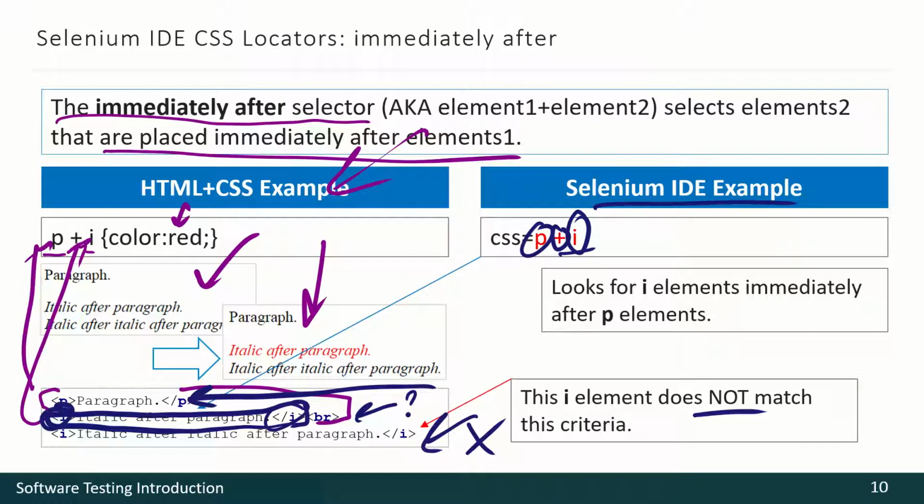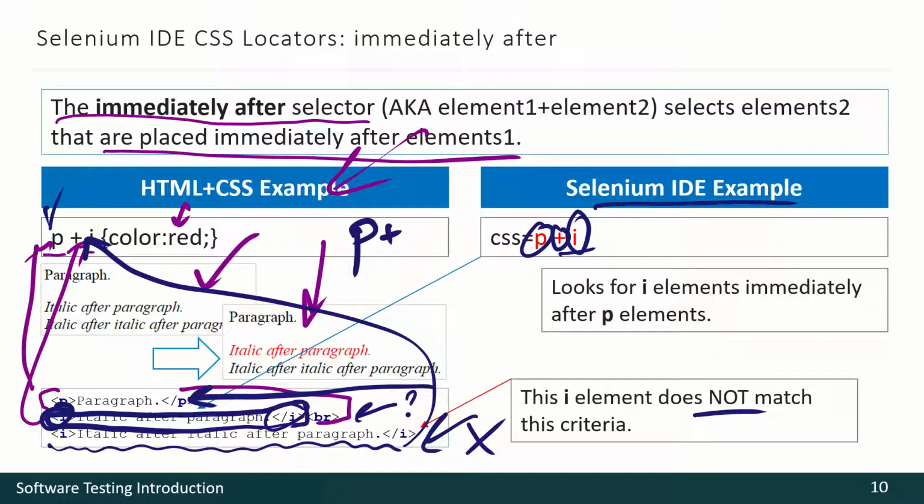So the third line here does not go right after the P. It is like P, then something, then italic, and there may not be that something there. It should be only P and italic right after, like in this first case.